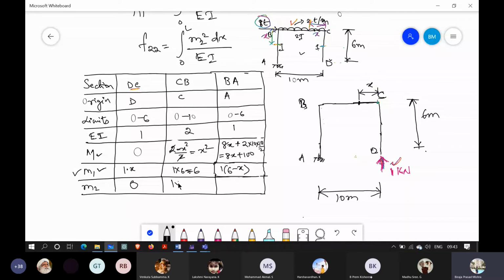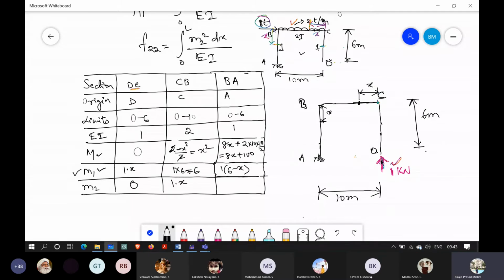Now similarly here again, let us take the section at P. This is x.